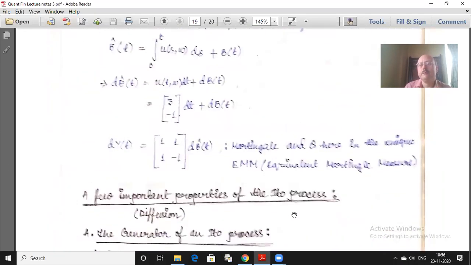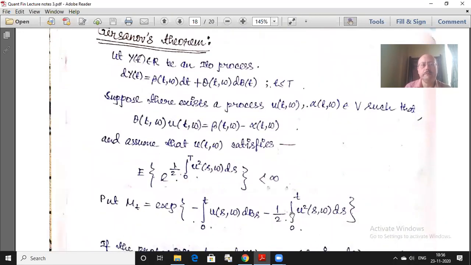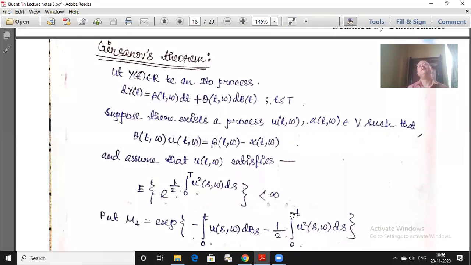All right. Now let me move on to the other result, which is a very, very important result because it is extremely useful. Once we discuss it, we will see the connection with something which we have been using from our first year.